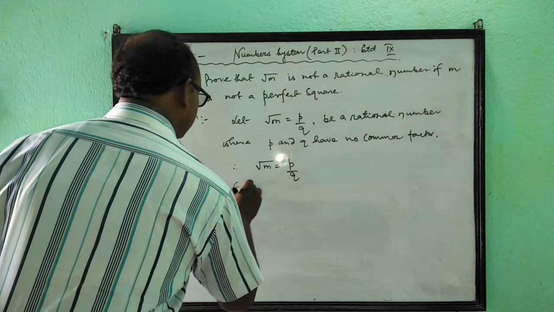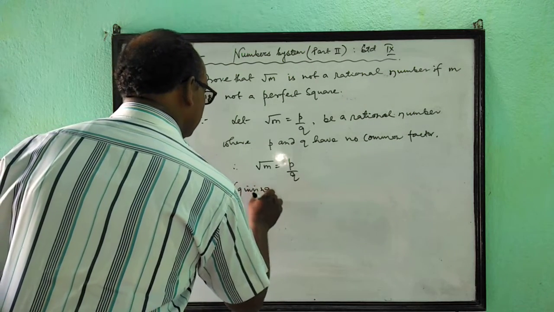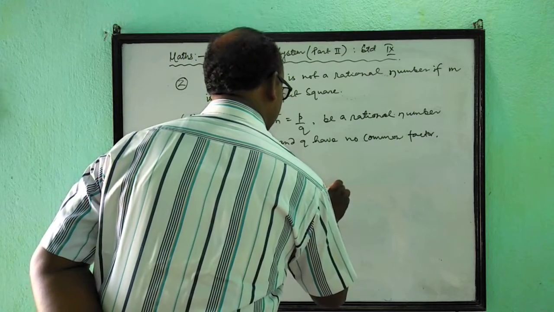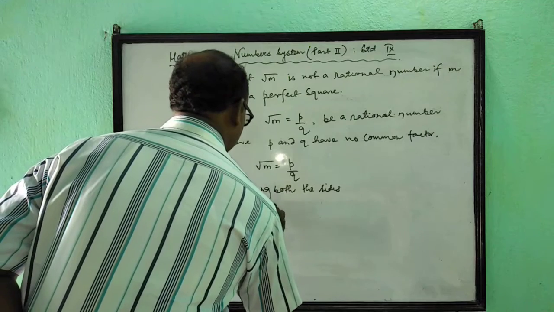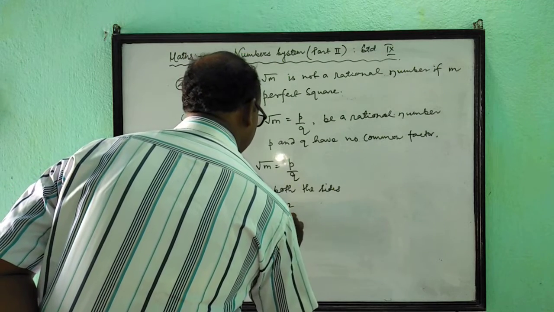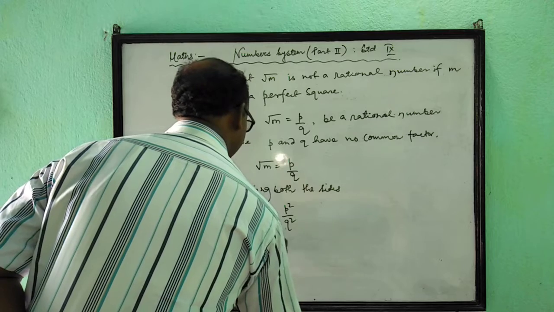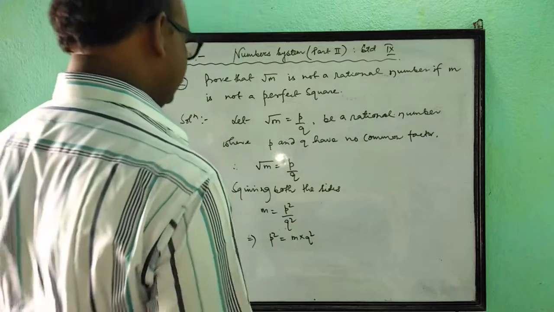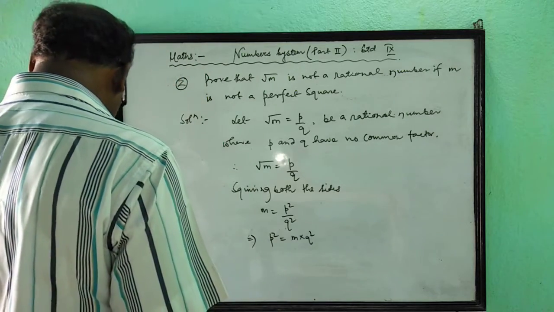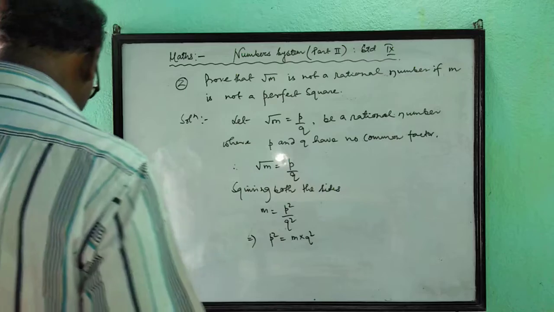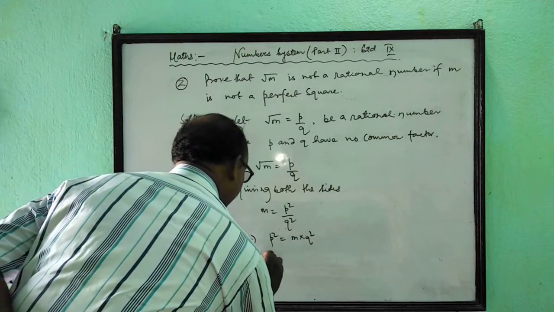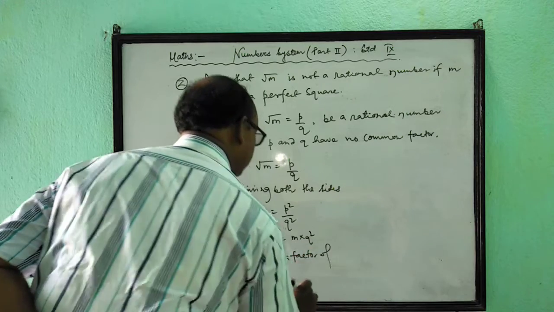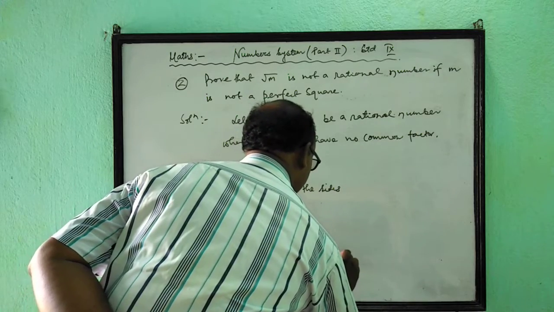Squaring both sides, we have m equals p square by q square. This implies p square equals m into q square. Therefore, m is a factor of p square.